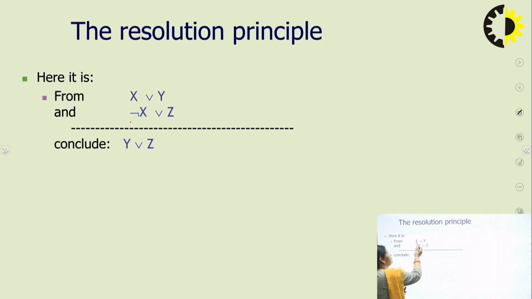In resolution, these terms will be resolved and what we get in the answer is the remaining terms from both the statements: one literal y from here and one literal z from the second one. It means all the terms except the literal which we have resolved, which is x in one place and not of x in the other. So this is the resolution principle that we are going to use.